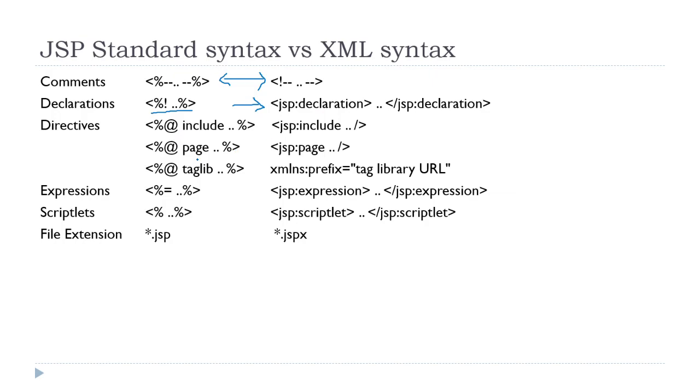Same for include page, and for the taglib, we have to use the XML namespace xmlns. For expressions, we use jsp:expression. For a scriptlet, we use jsp:scriptlet. The file extension here is JSP and the file extension here is JSPX.